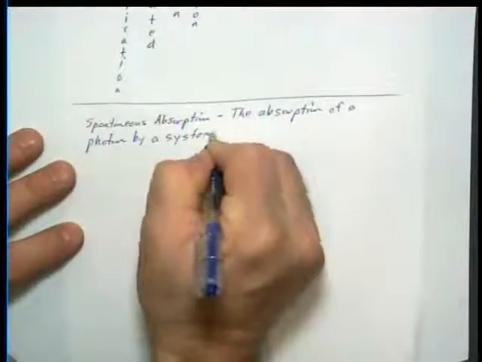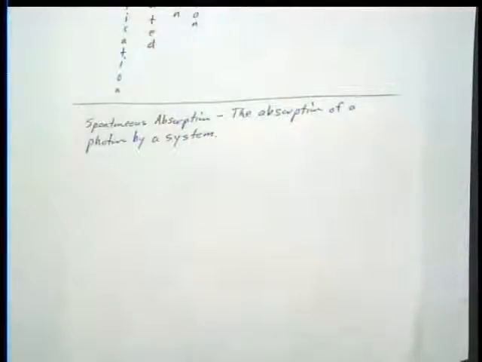Well, it's exactly what you would think it is. It's the absorption of a photon by a system. It could be absorbed by an atom, a molecule, or lots of different things, in different ways. But the bottom line is, a photon comes in, the photon goes away, and the system is in a higher energy state.